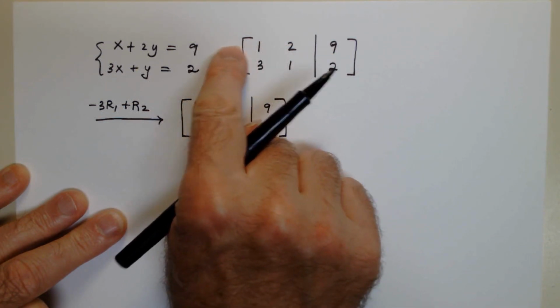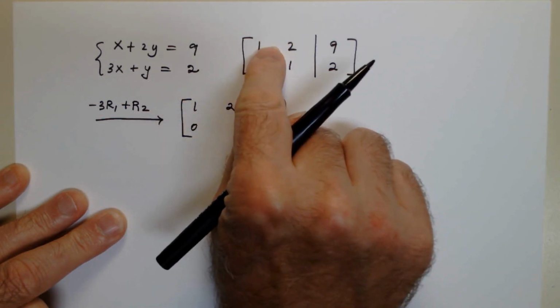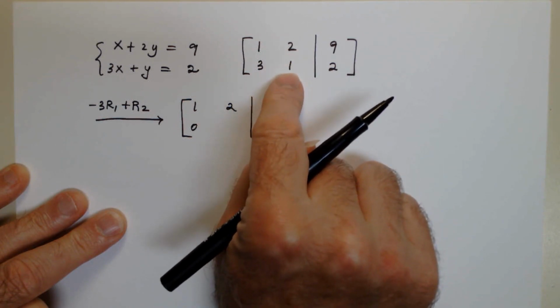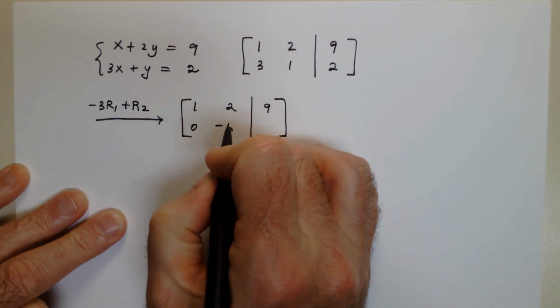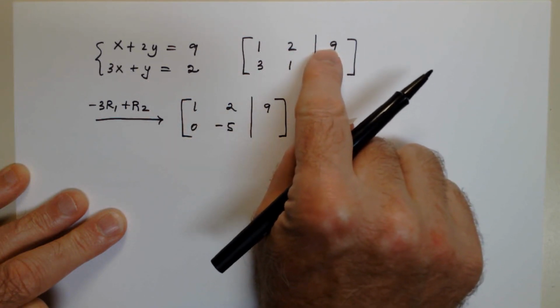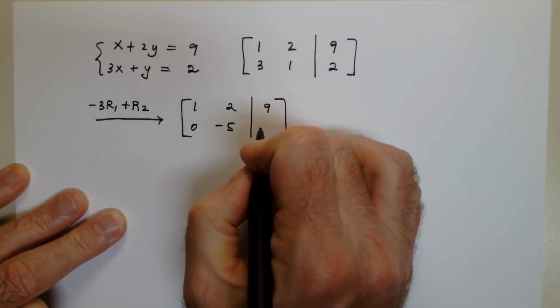So minus 3 added onto the 3 gives me a 0. Minus 3 times the 2 is a negative 6, added onto the 1, it's going to be a negative 5. Now I'm doing a negative 3 times the 9. That's a negative 27. Added on to the 2 is a negative 25.